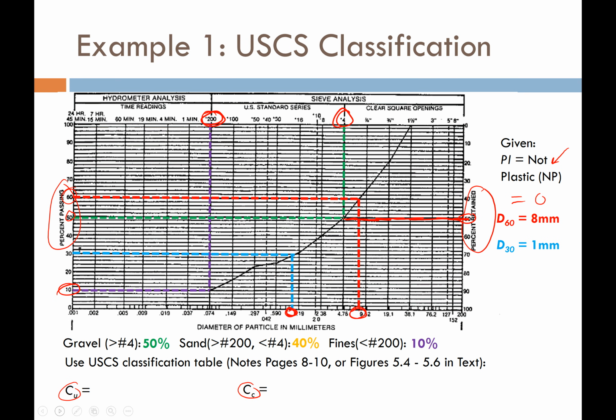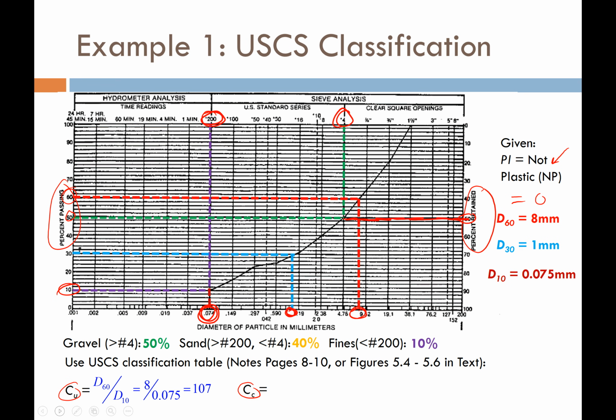And I'm rounding and approximating from this logarithmic curve. And then my D10, of course, is associated with 10%, which just by happenstance happened to be exactly what corresponded with my 200 sieve. So that gives me 0.075 millimeters for my 10% passing.